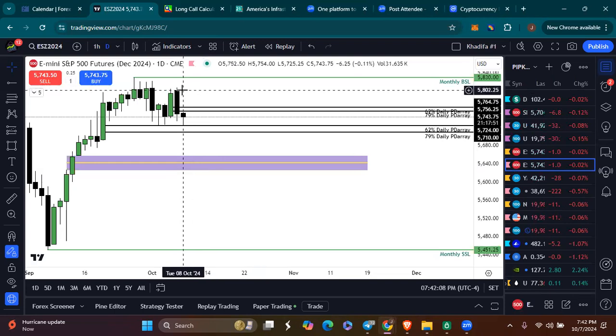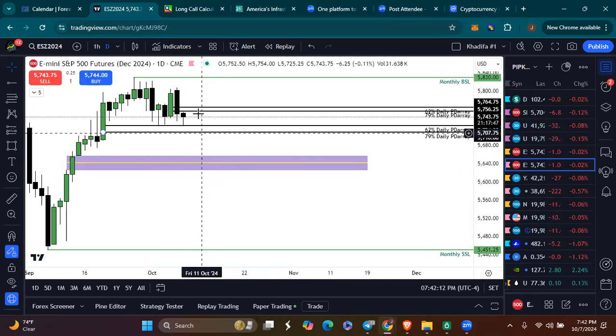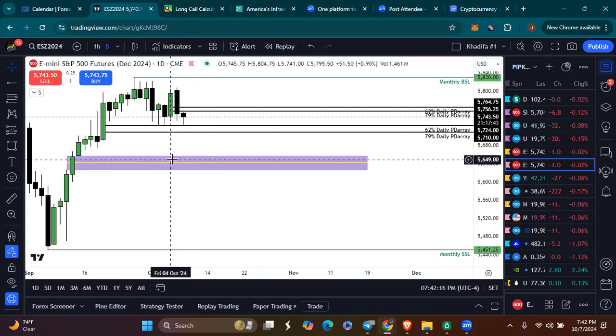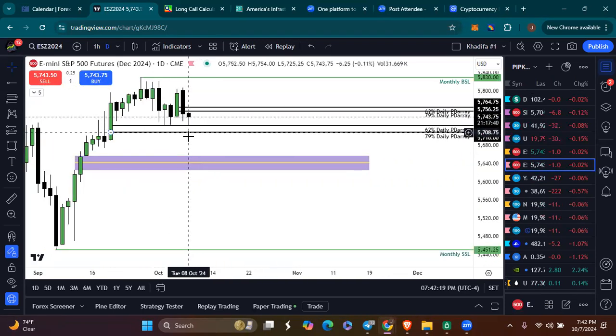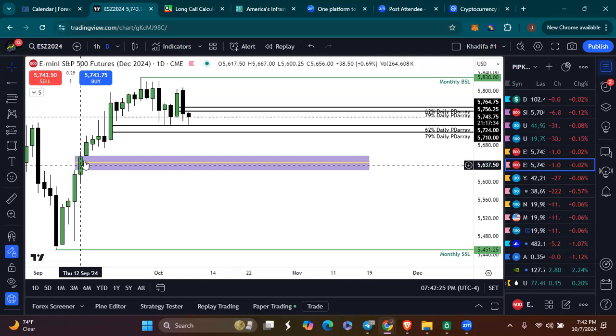If it finds resistance there and starts to sell off, then we'll start to look for opportunities there as well. And if we break and close below these discount PD arrays here, then I expect ES to sell off down into this imbalance that we see here from September the 12th, this fair value gap.